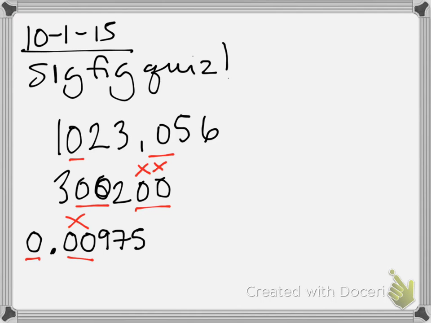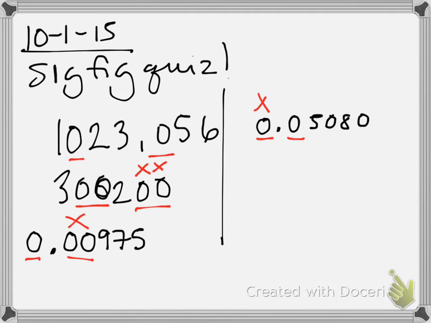Next one, again we have 0.05080. Every possible rule for zeros you could throw in here. We know the 5 and 8 are significant. We'll just start at one end and go all the way through. Is that significant? No, placeholder. Is that significant?